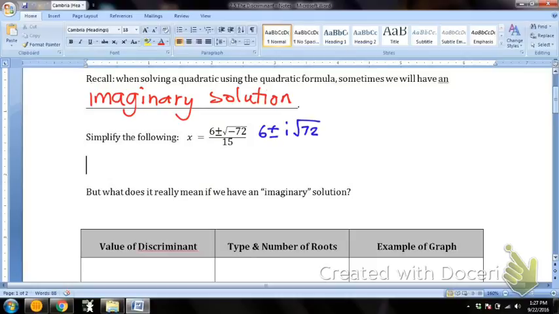And then I hear calculators, meaning you're breaking 72 apart. So I have a group of 3s, I have a group of 2s.